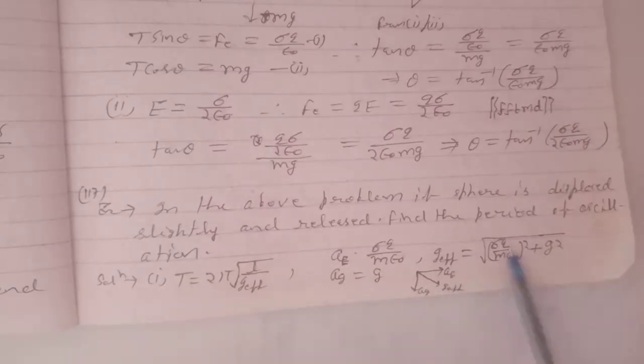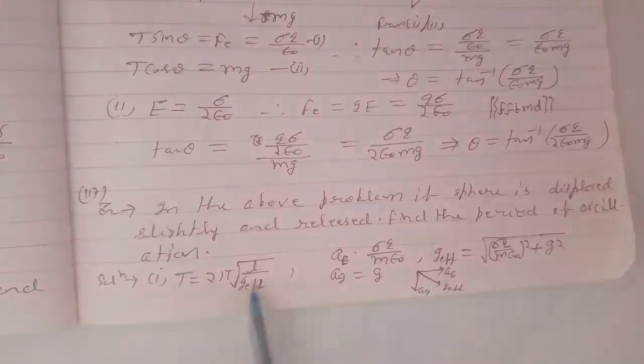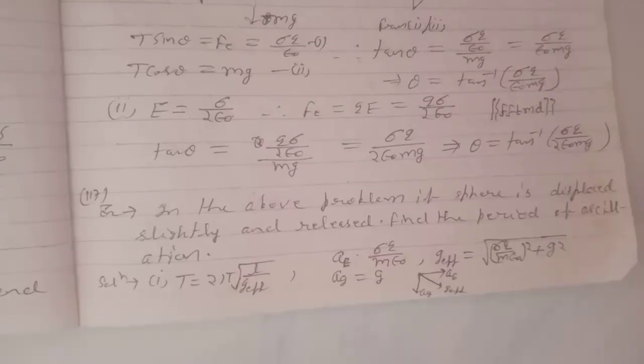Now the acceleration due to the electric field is sigma Q by m epsilon naught, and the acceleration due to gravity is g, which is shown here. So g effective will be in this direction, that is, the vector sum of these two accelerations. So g effective is the square root of (sigma Q by m epsilon naught) whole squared plus g squared, and putting this value we get the time of oscillation.